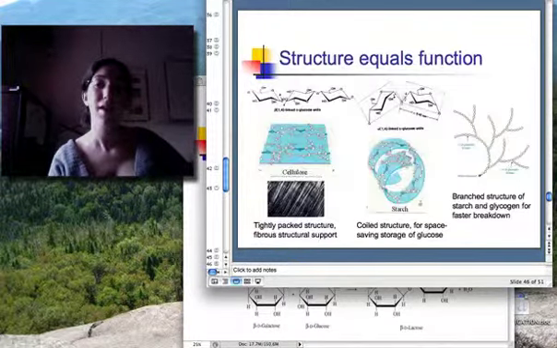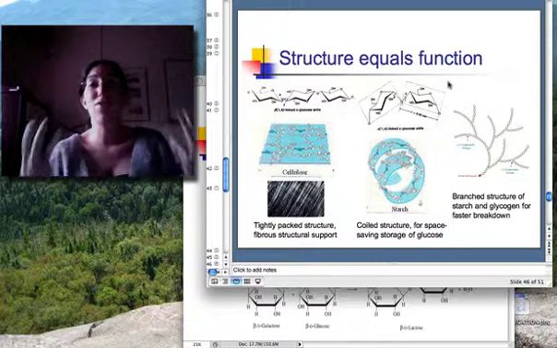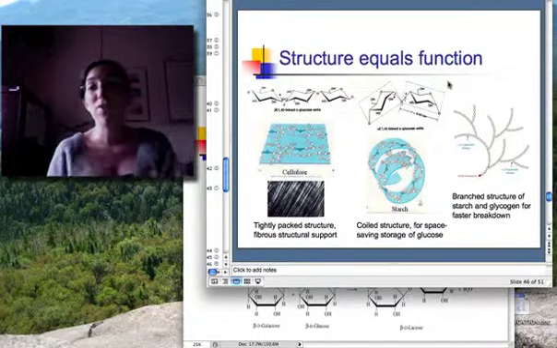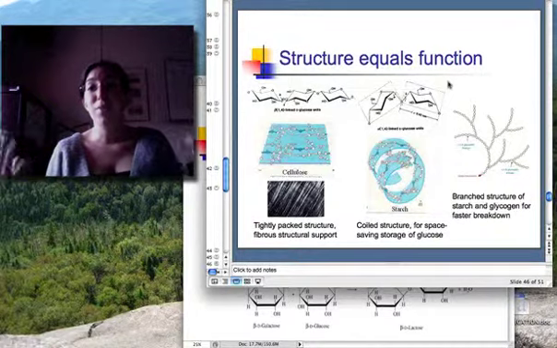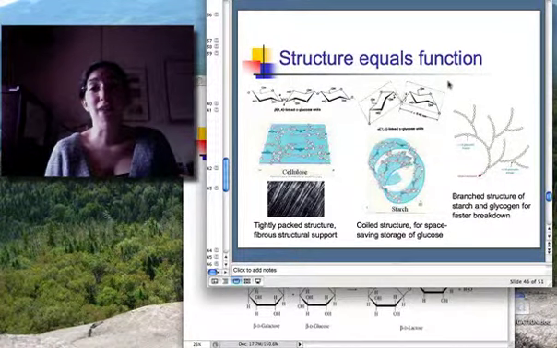So the neat thing here, and a common theme in biochemistry that you'll see, and also in anatomy and physiology, is this term here: structure equals function. The structure of a molecule equals the function of that molecule. Same thing with organs and organ systems in your body. The structure of the cell or the structure of the organ is what determines the function of that system.